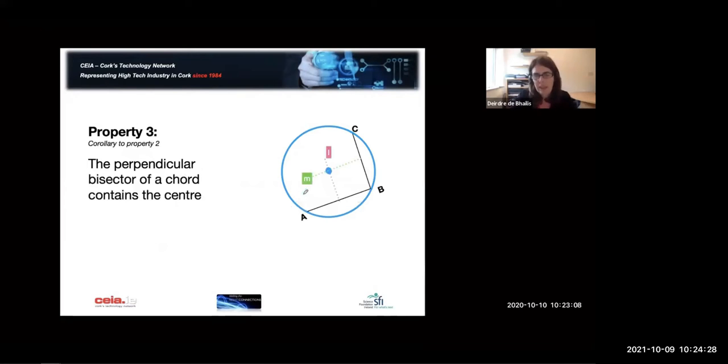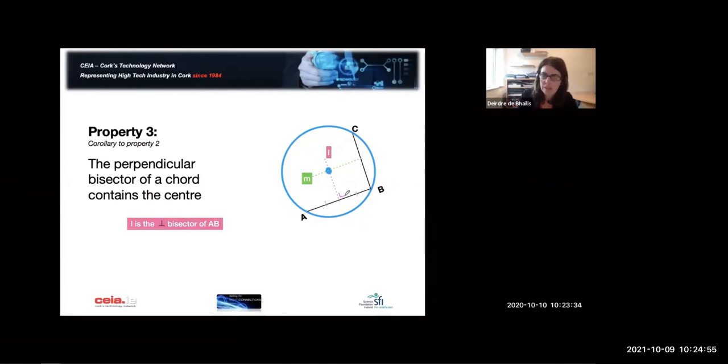Property number 3 then is a corollary to the one that we've just looked at. So if you draw the perpendicular from a chord, then it will contain the center of the circle. So what we see here is this line L bisects the line AB.